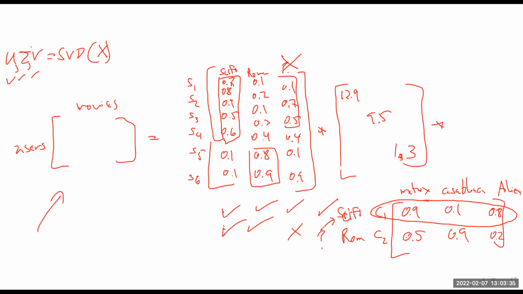It's still going to do it. It's just the user that sees the Matrix and then the system recommends Alien may watch Alien. Whereas the user that sees the Matrix and the system recommends Casablanca may not see Casablanca because it's black and white, whatever. So there's various reasons here, but this is the idea.